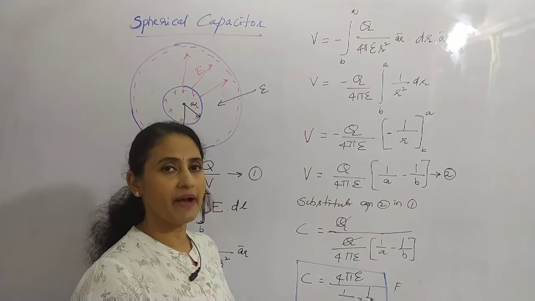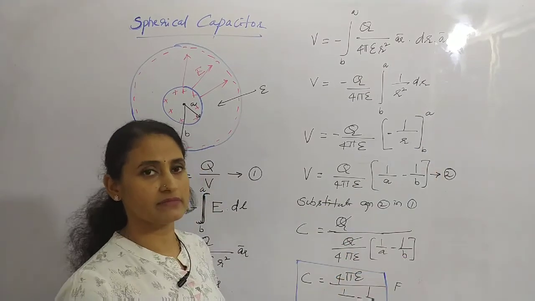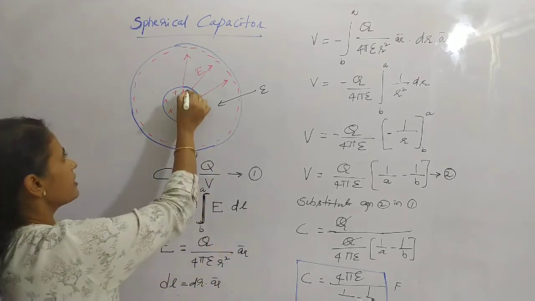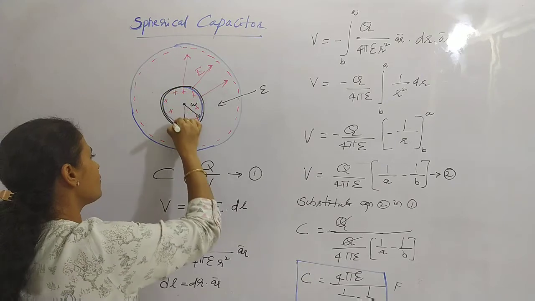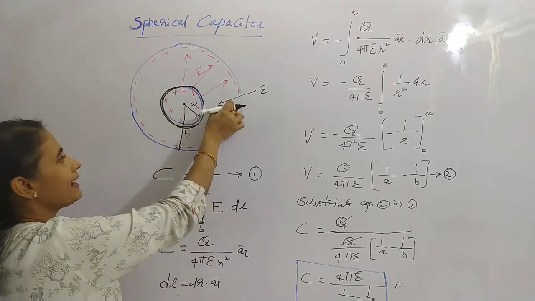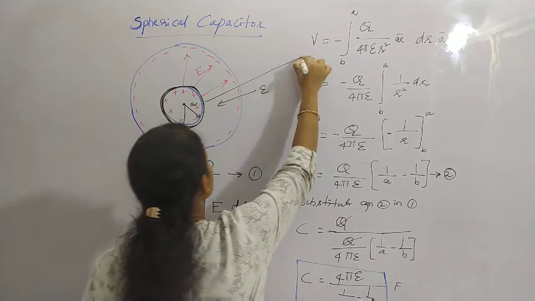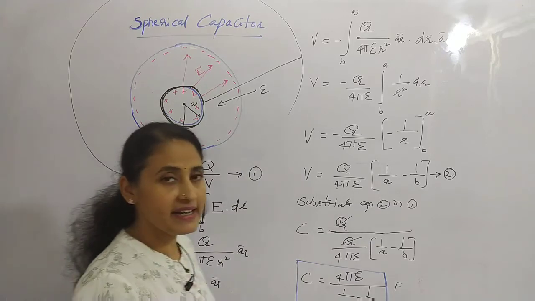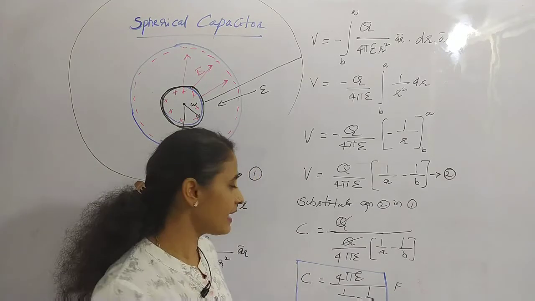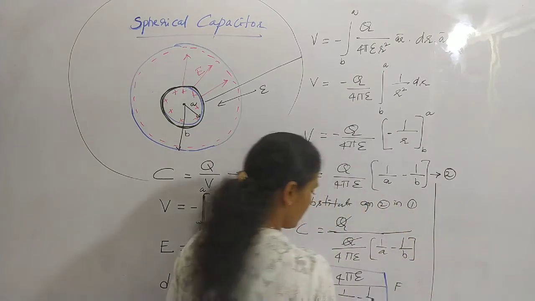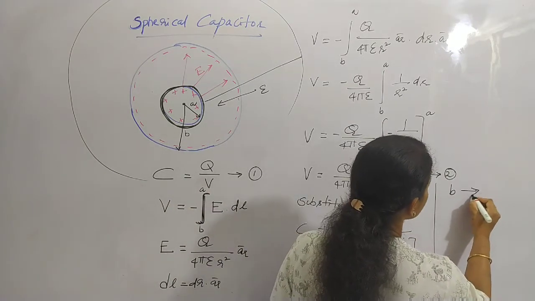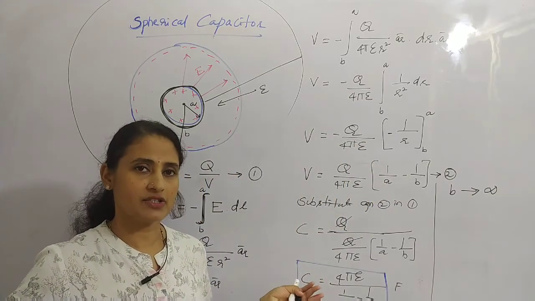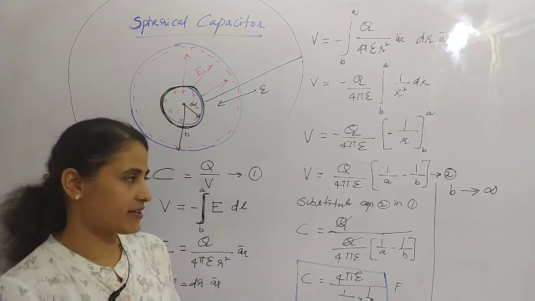Let the outer sphere be placed at an infinite distance, so the radius B approaches infinity. This means we have only a single isolated capacitor, and the second one is placed at infinite distance.